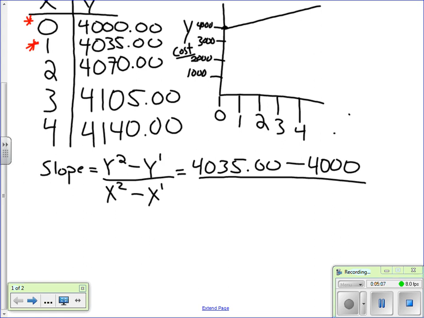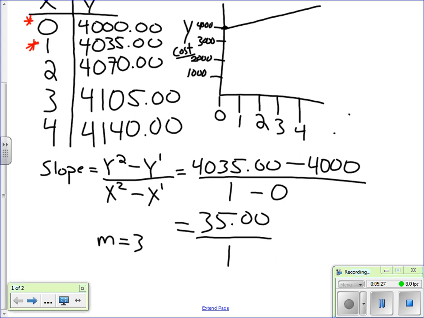My x2 is 1 hour, and my x1 is 0 hours. So 4,035 minus 4,000 is 35, and 1 minus 0 is 1. In other words, my slope for this line is 35 over 1, so $35 for every 1 hour.